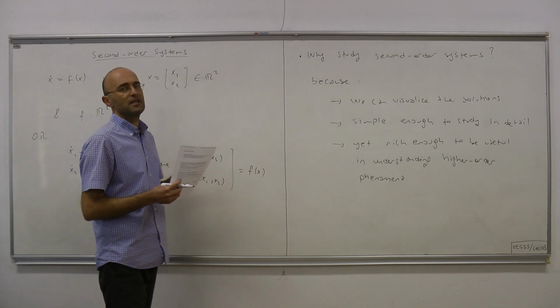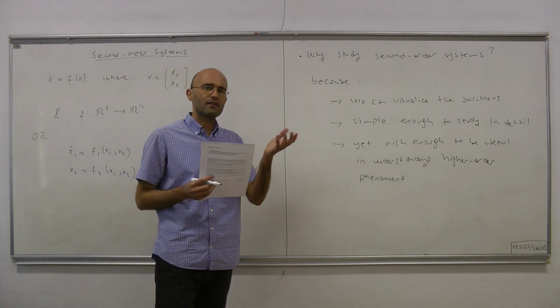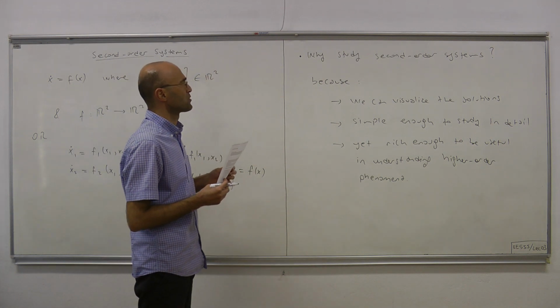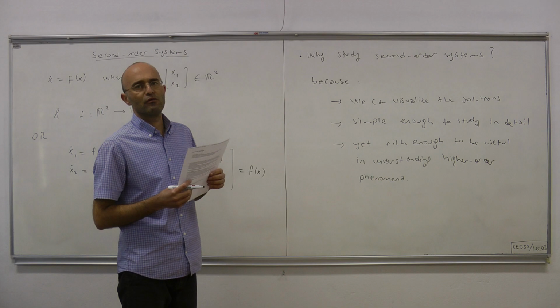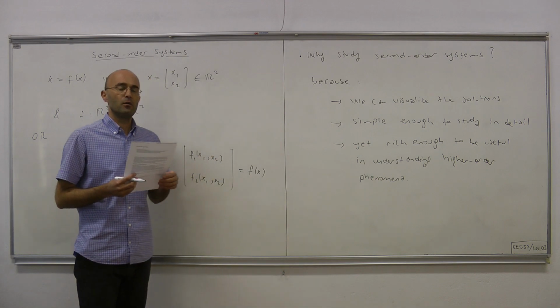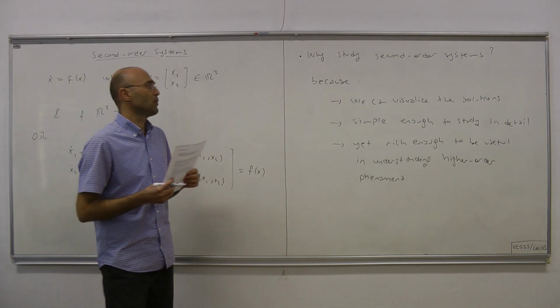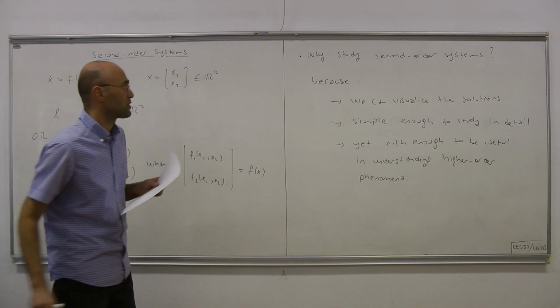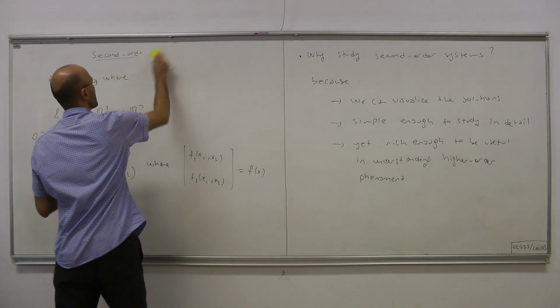Unfortunately, it doesn't have a direct generalization to higher order systems, but for second order systems it's quite a nice check for whether the system displays a periodic orbit or not. So let's introduce some definitions first.